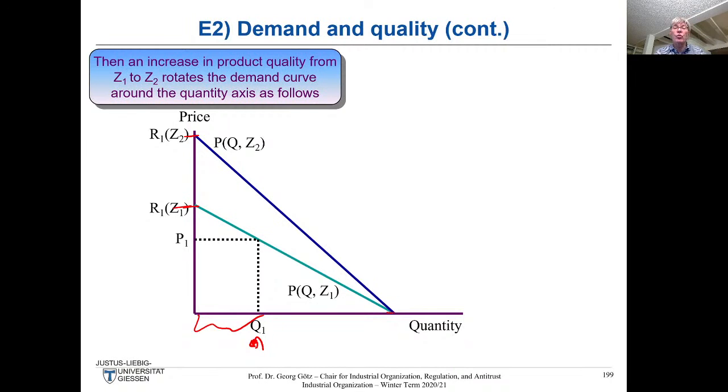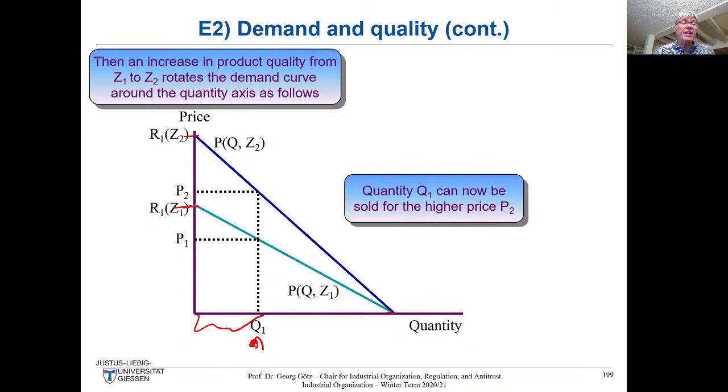It might be the same for cars, for instance, okay? Higher willingness to pay for additional gimmicks, okay? For additional kind of equipment. And if we have this like here, what this means is that I can sell now, of course, the same quantity. If I increase the quality, I can sell the same quantity at a higher price.